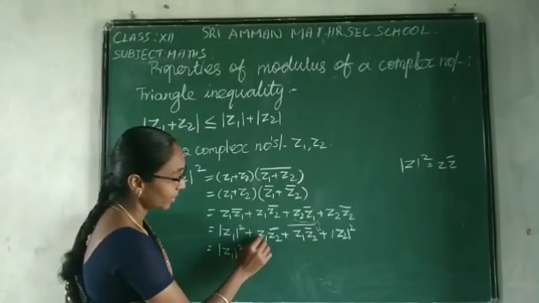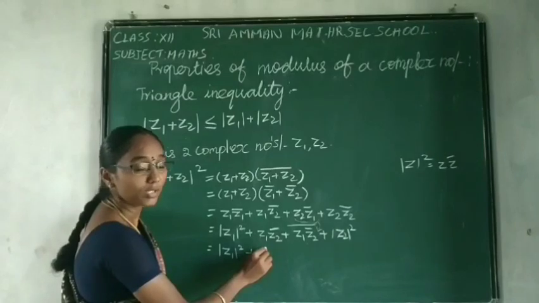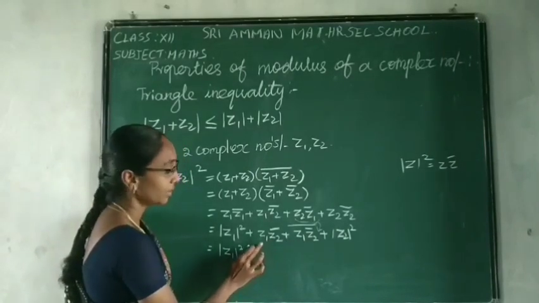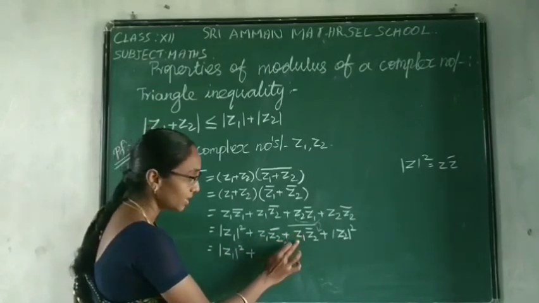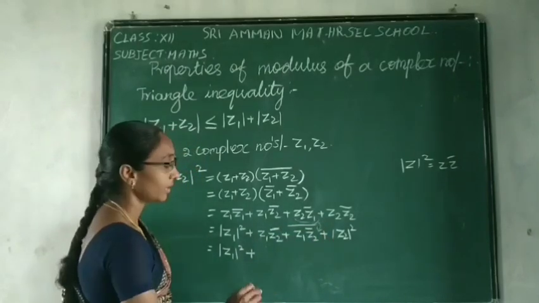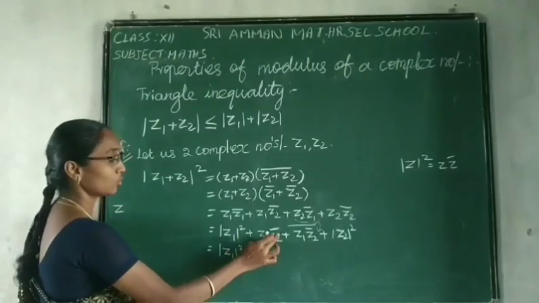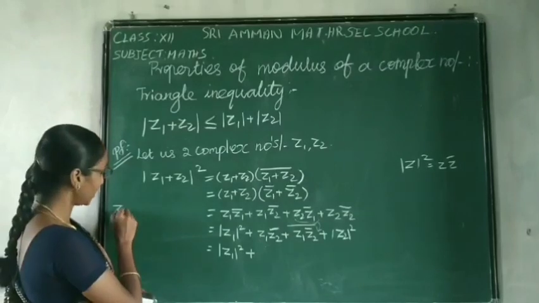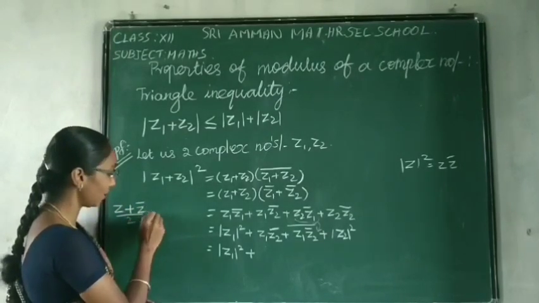Now modulus of z1 square plus, look at these two terms, only these two terms we consider: z1 z2 bar and z1 z2 bar the whole bar. Now the whole of one term is considered as z. z plus z bar divided by 2 equals real part of z.